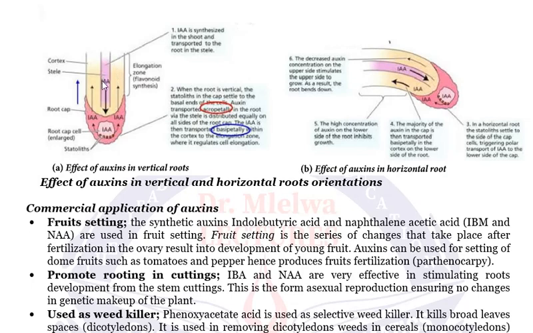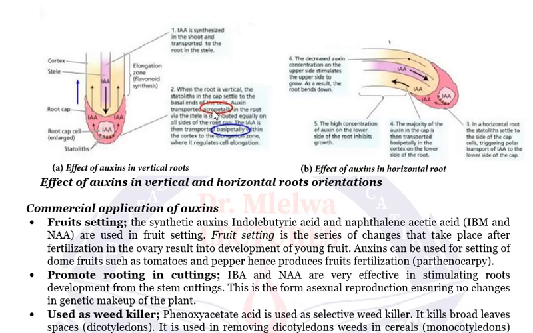So it travels through the xylem tissue to the root, and then after reaching the root, at stage number 2, when the root is vertical, the statoliths in the cap settle to the basal end of the cell.